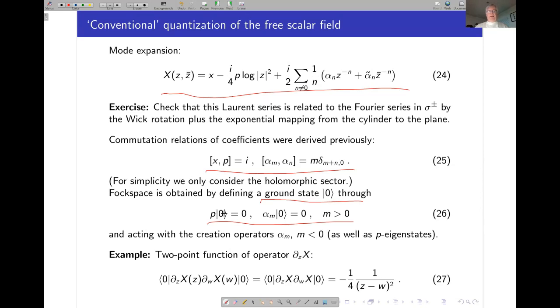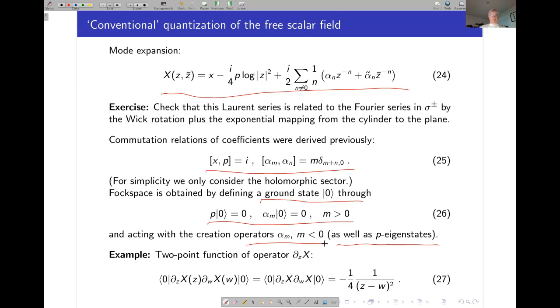And then we pick the alpha m's with the positive index m as the annihilation operators for this ground state. And then our Fock space, which represents the commutation relations, will consist of P eigenstates or momentum eigenstates. And then we have creation operators alpha m, which in the string theory interpretation switch on all these oscillations.